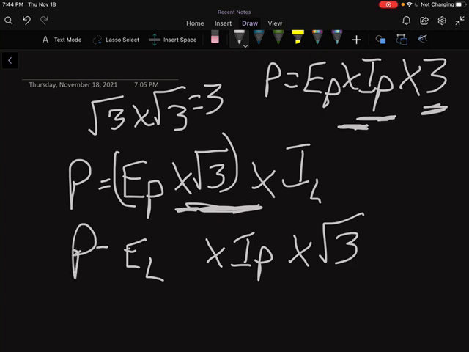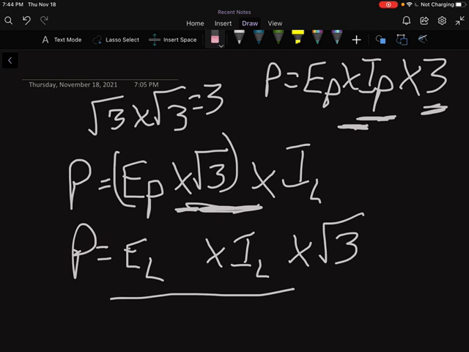And this is now, sorry, let's erase that and get that. This is now our formula using line values. E line times I line times root 3 is equal to our total three-phase power.